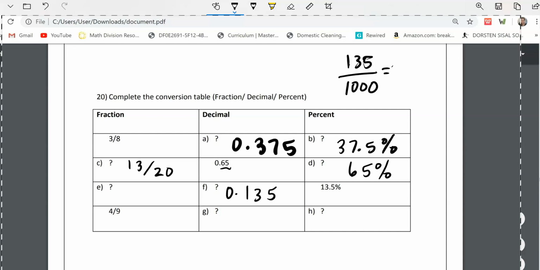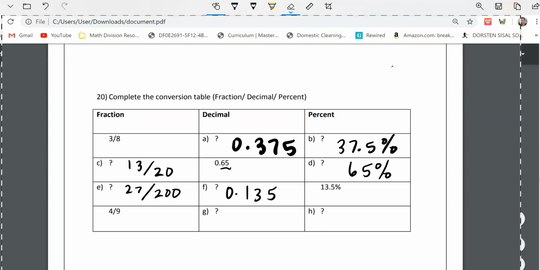I get 200 on the bottom, and 27 on top. The top is divisible by 3 and 9, but I cannot divide by 3 and 9 on the bottom, so let's just leave this as 27 over 200.